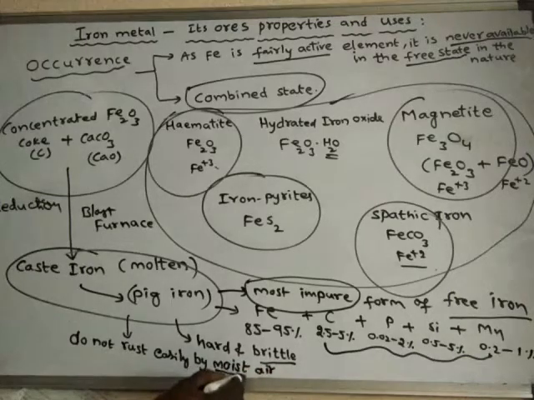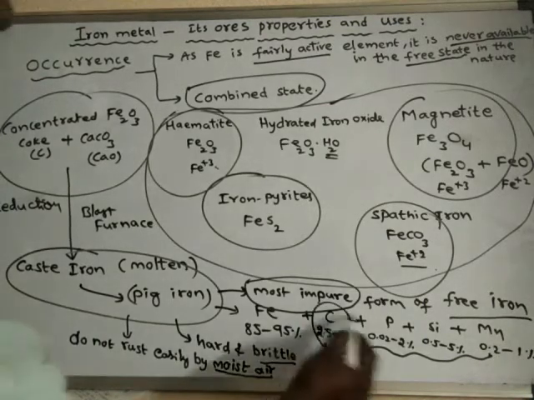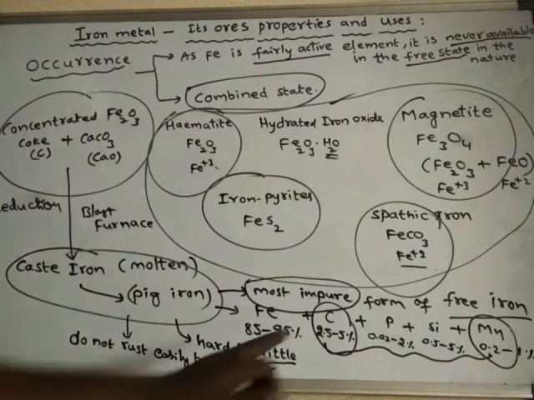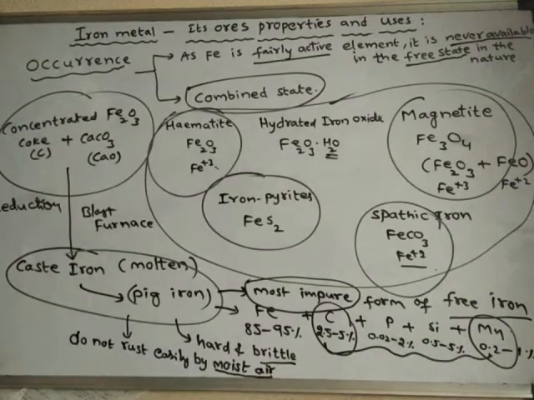In the presence of moist air, rusting of iron takes place. But cast iron has some impurities like carbon, manganese, etc. These impurities prevent the rusting of iron.